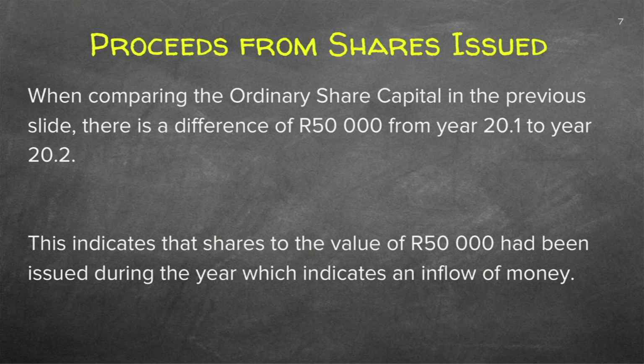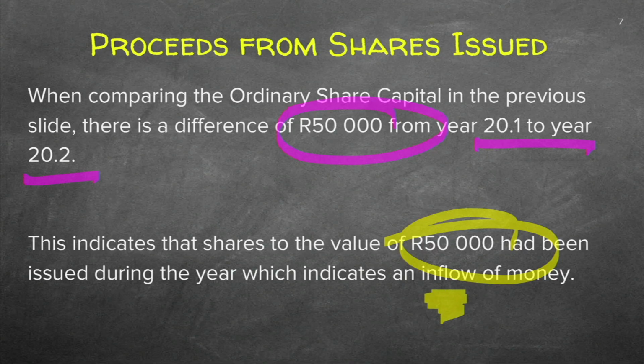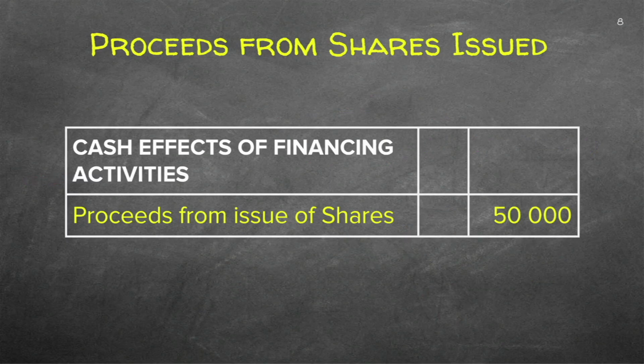So when comparing the ordinary share capital in the previous slide, there's a difference of 50,000 Rand from 20.1 to 20.2. And as I have just said to you, there is a 50,000 Rand difference. And so we have sold shares. And remember, if we sell shares, money is flowing in, so there would be an inflow of money. So let's have a look.